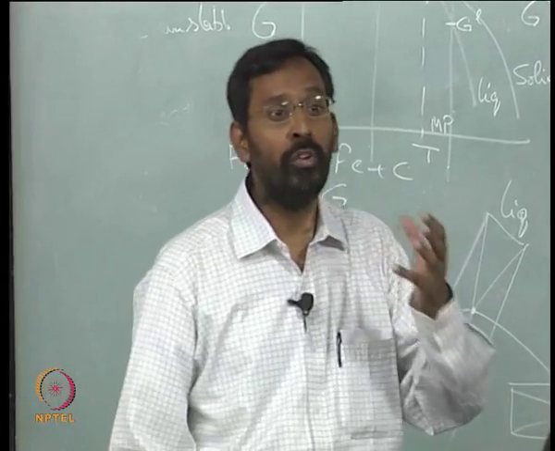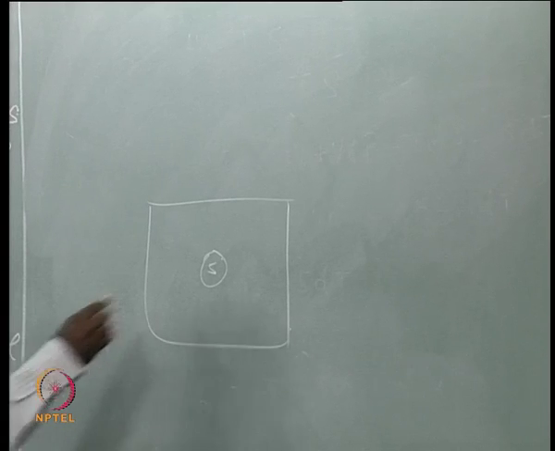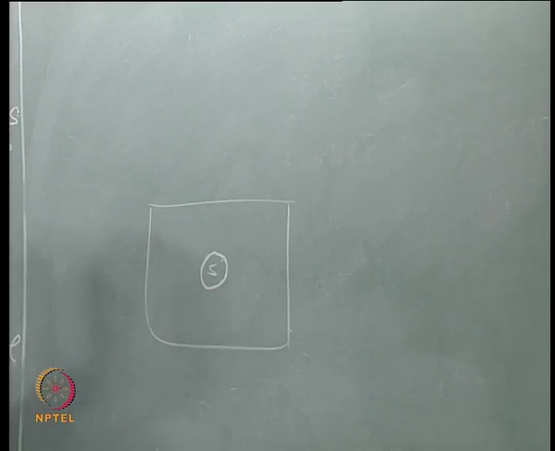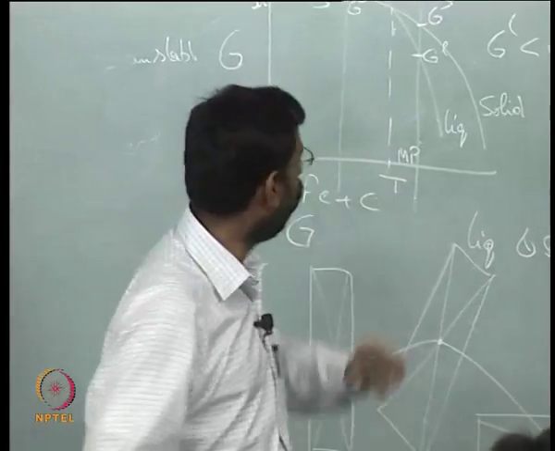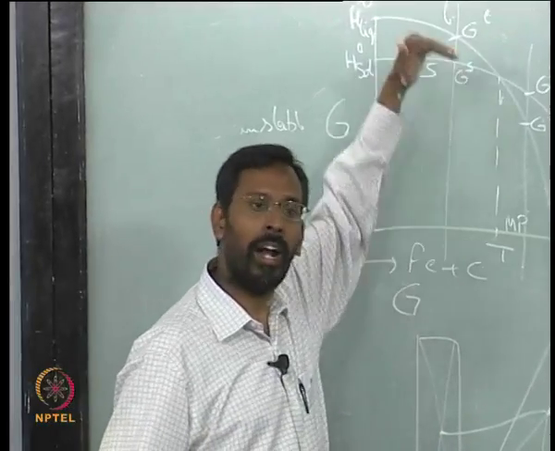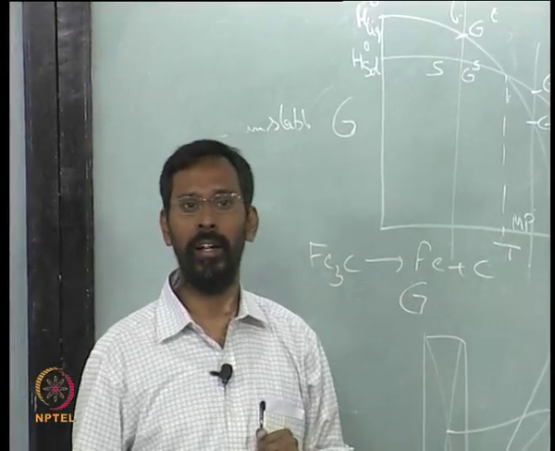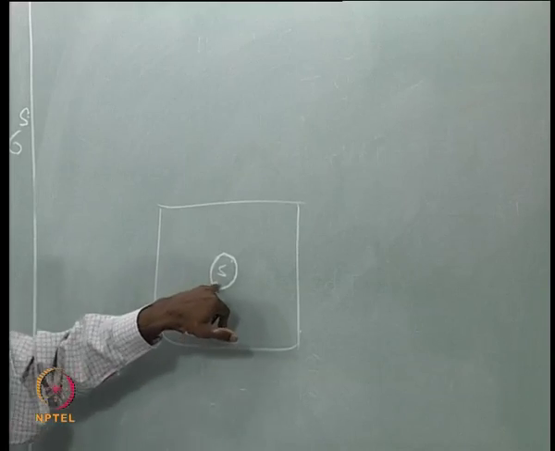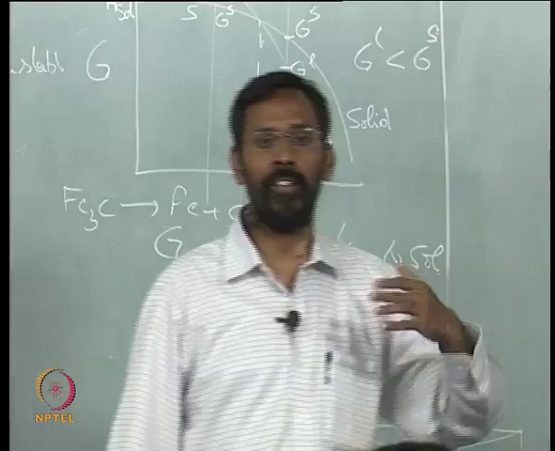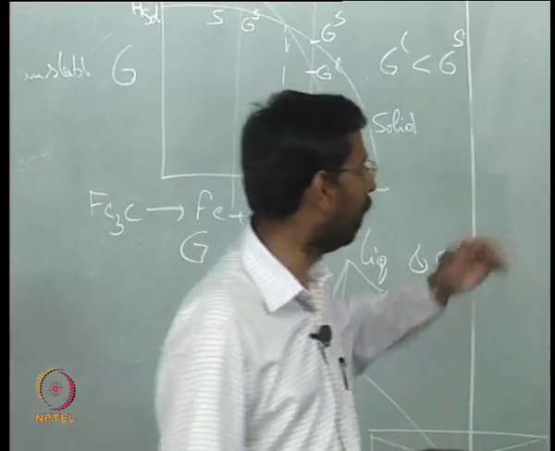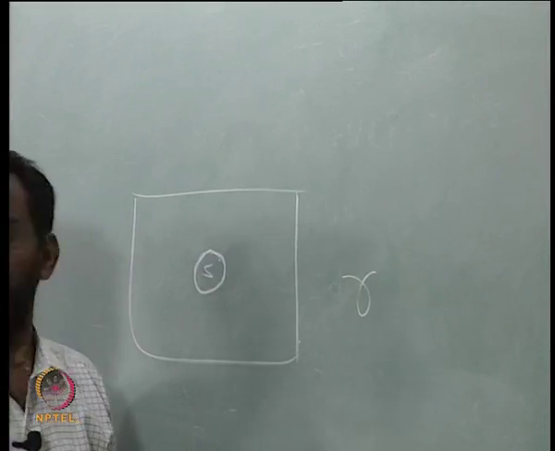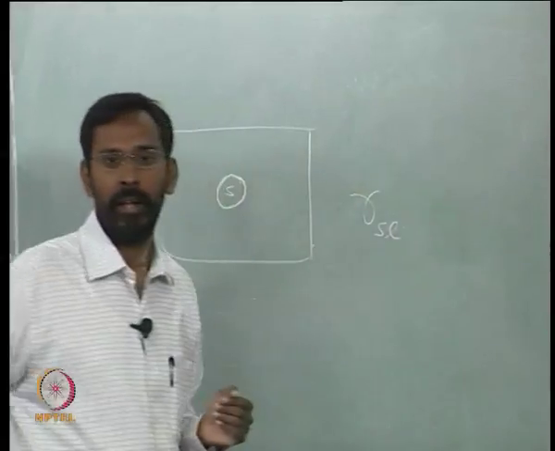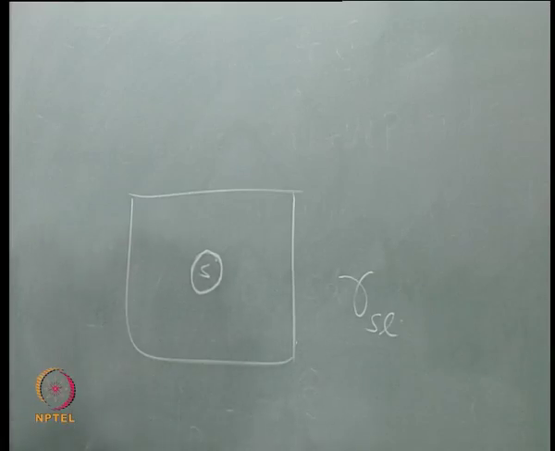It has to create a new surface. This surface did not exist before, isn't it? That surface has to be created. Though the liquid has a higher free energy than the solid and wants to transform into a solid, you would see that this new surface, which we call an interfacial area between the liquid and solid, is represented by what is called interfacial energy, gamma SL, and every interface is associated with certain energy.